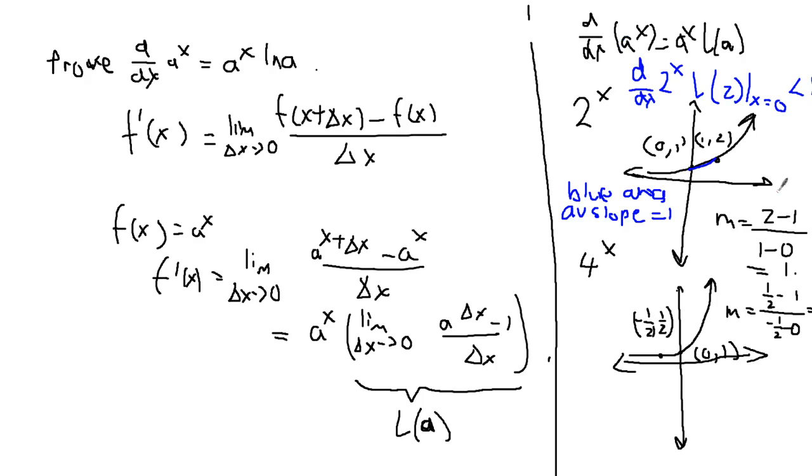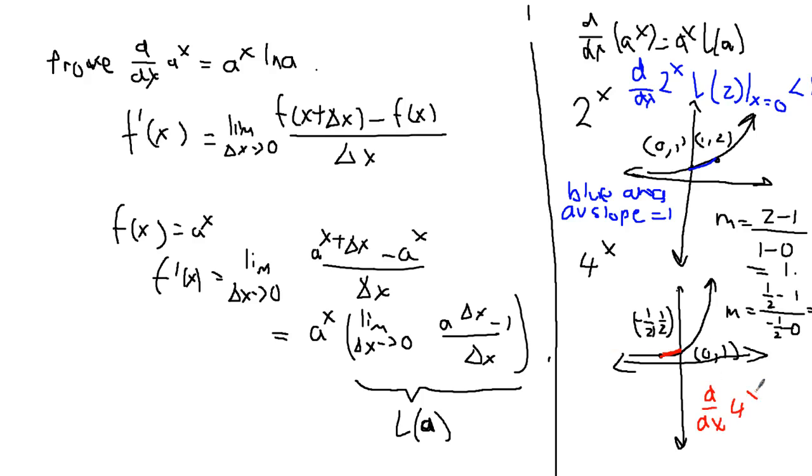And it's the opposite for this. The red area right here means the average slope is 1. So there has to be a slope of 1 before it reaches 0. Before the function reaches 0, there has to be a slope of 1, right?